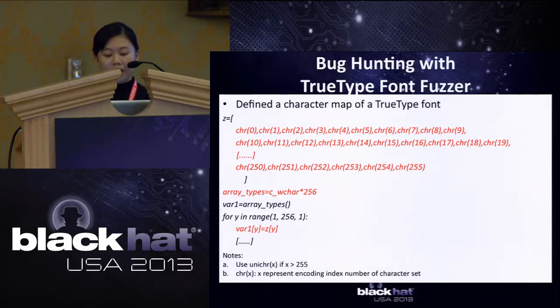And as soon as the attributes of the font are well defined, the character map of a TrueType font has to be defined as well. Without defining the character map, even if a particular font has a problem, the vulnerability will not be triggered. Defining a character map is very subjective, where defining the entire character map of a particular font will be a good option.